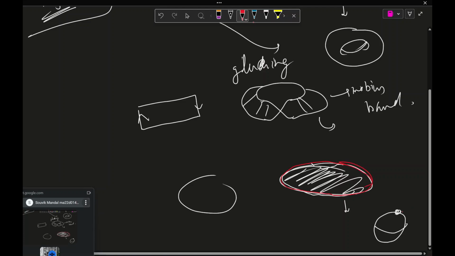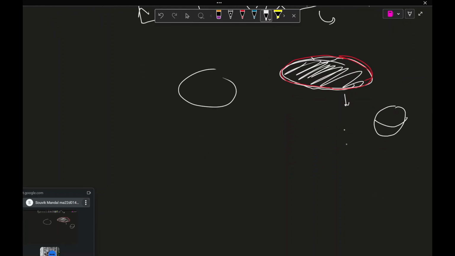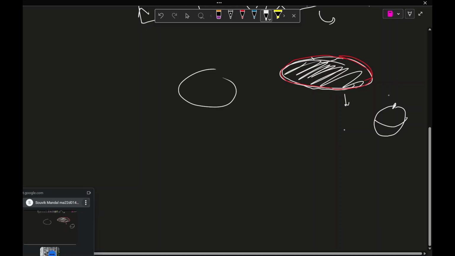This is the boundary, and we are gluing it into a single point. You can take these as motivation.